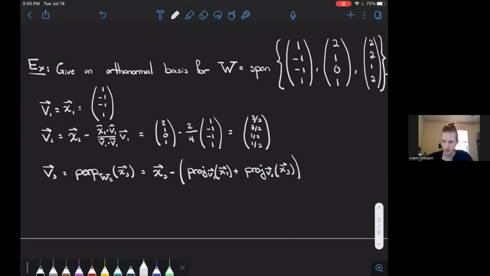Add those together, subtract that away from x. But now we have to write the formula, and this is what I was about to write down. So it didn't really cost us anything, but now you see where what I'm writing is coming from. All I did was trace through the definition of what is perp W2 of x3.